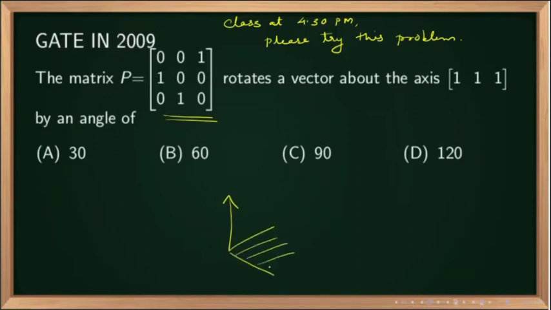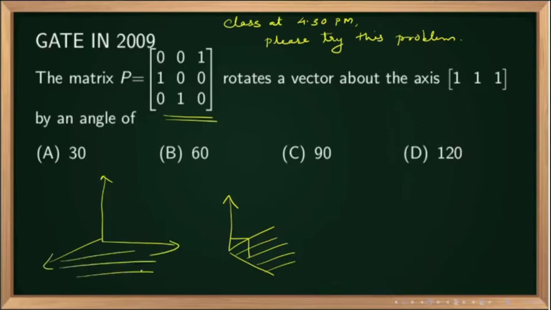This vector is at 90° with this plane. Another example: if I consider a three-dimensional plane, this vector is perpendicular to that plane. So any vector drawn in that plane will be rotated by this particular matrix. By how much it will rotate, that is the basic idea.